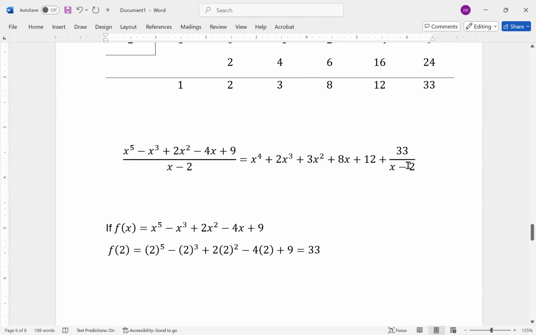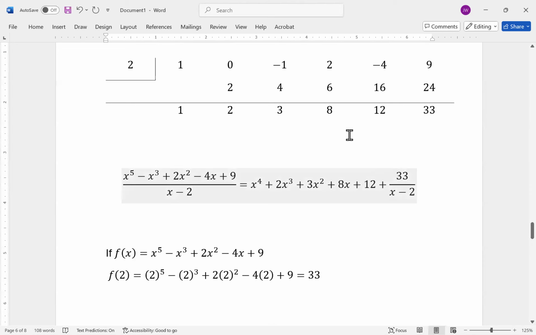And the converse is also true. If I do synthetic division and I don't get a remainder of 0, then that r is not going to be a 0 of the function because it's going to have output that's non-zero. And this dividend over this divisor doesn't give me out a polynomial.